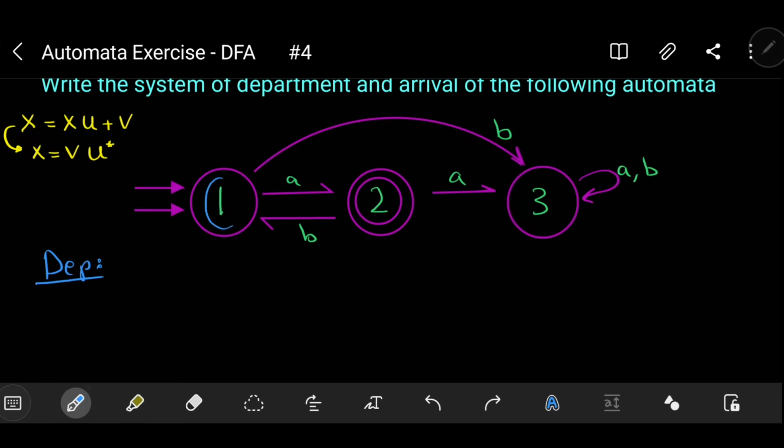If we are standing on 1, what are the transitions departing from 1? A goes to 2, and B goes to D3. So D1 is equal to A D2 plus B D3.